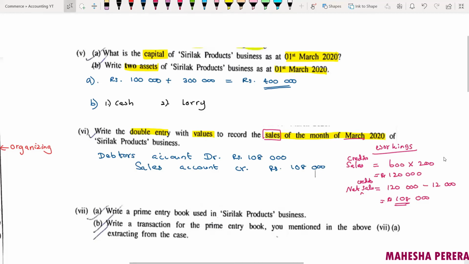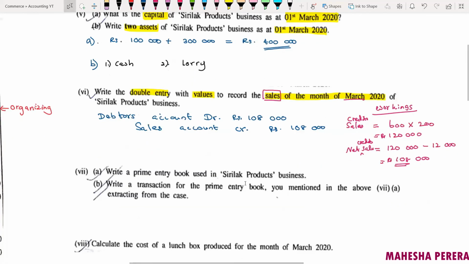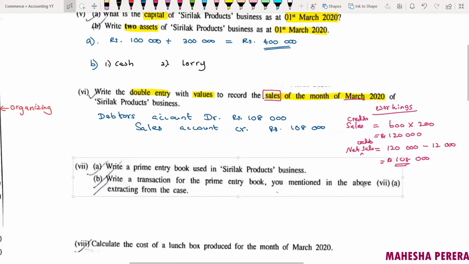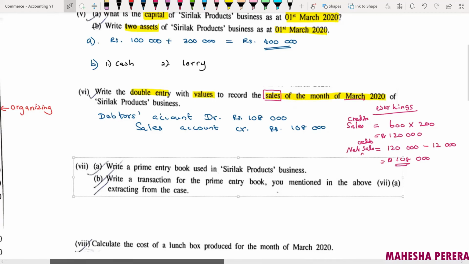Then the next one: write a prime entry book used in Cyrillac products. Just only one prime entry book. So easily you can say the cash book. But anyhow, shall we find all the prime entry books in this case?